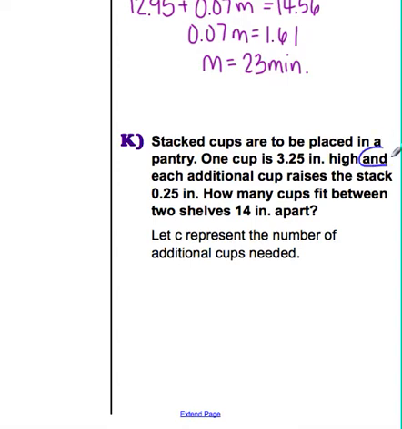Number one, and implies add. And each, once again, remember multiply. So we start off with 3 1/4 inches, and then we're adding to it 1/4 inch for each additional cup, and we have 14 inches of space to work with.